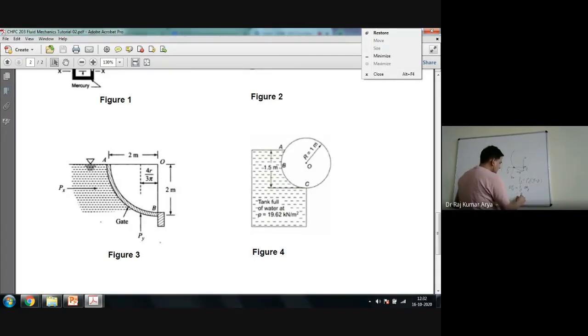You have pressure rho g (h minus y). Now you have this vertical area, which is your dx and the width of the gate, the width of the cylinder. So this is your vertical area. This one would be this area only.